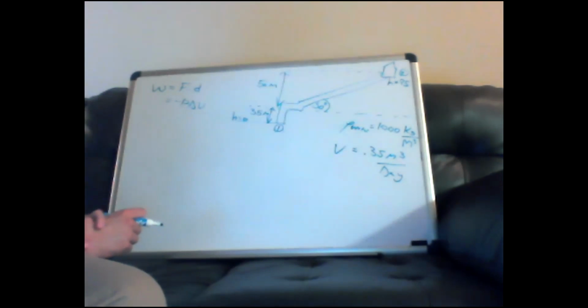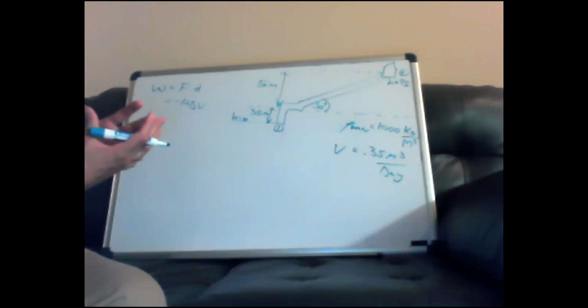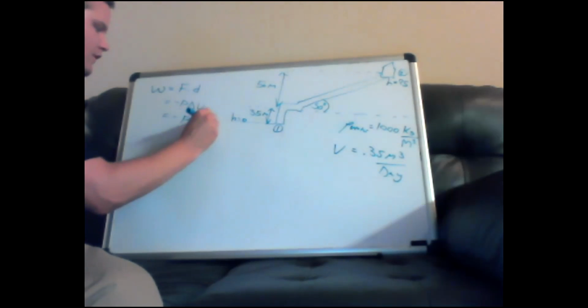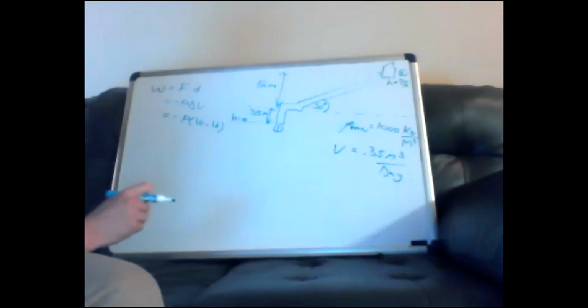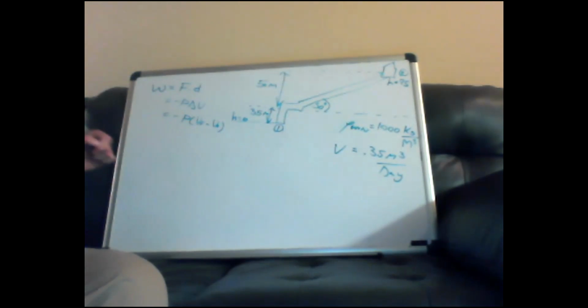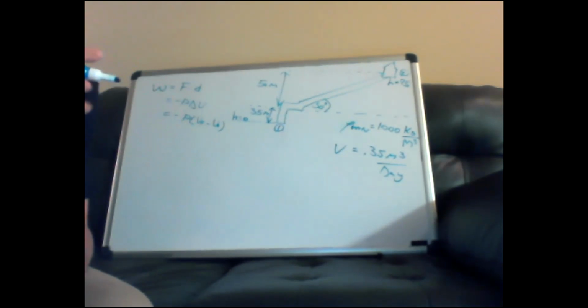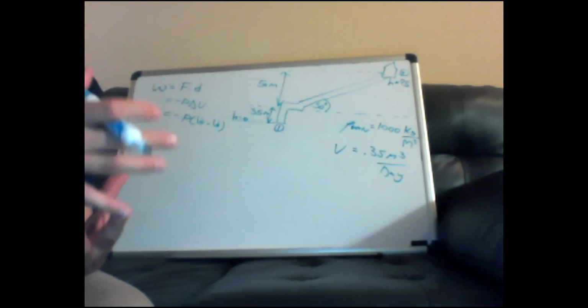You can rewrite this even as negative P times V_f minus V naught. The negative sign tells us that if the final volume is greater than the initial volume, then our work is negative, meaning that the system has lost energy. It's been transferred to its surroundings.